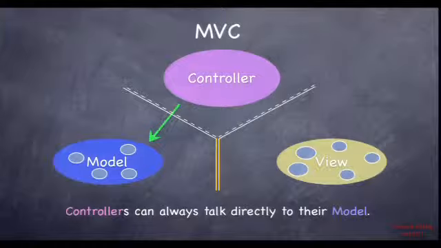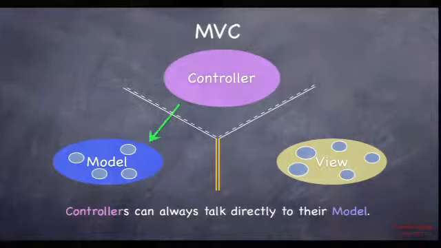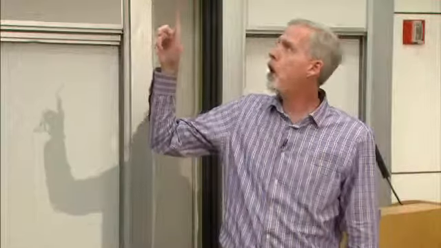The controller can say anything it wants, ask any question of the model. The controller knows everything about the model, because it is the controller's job to get that model on screen somehow. So it needs to have full access to the model. Now this arrow only goes one way. This green arrow is pointing from the controller to the model. So this is the controller knowing about the model. That's fully green, no problem. You'll notice I've drawn what kind of look like road markers there.